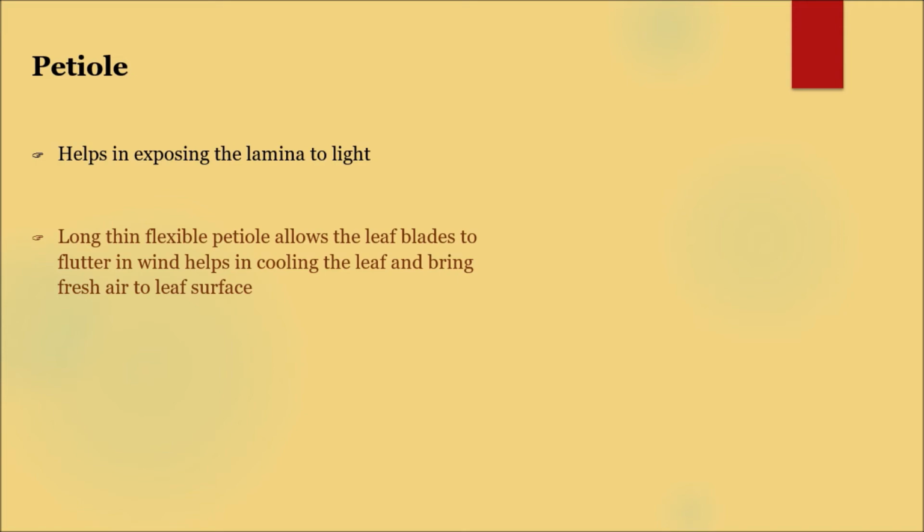So what is another important function of petiole? Petiole, which is flexible, long and thin, allows the leaf blade to flutter in wind. This helps the leaves to get cooled and the fresh air gets into contact with the leaf surface.